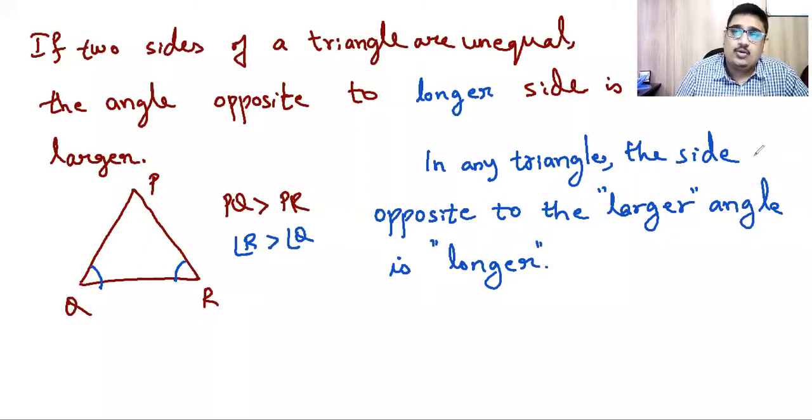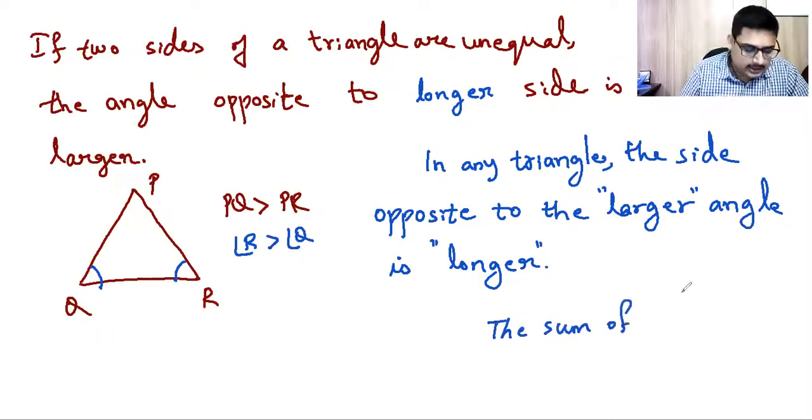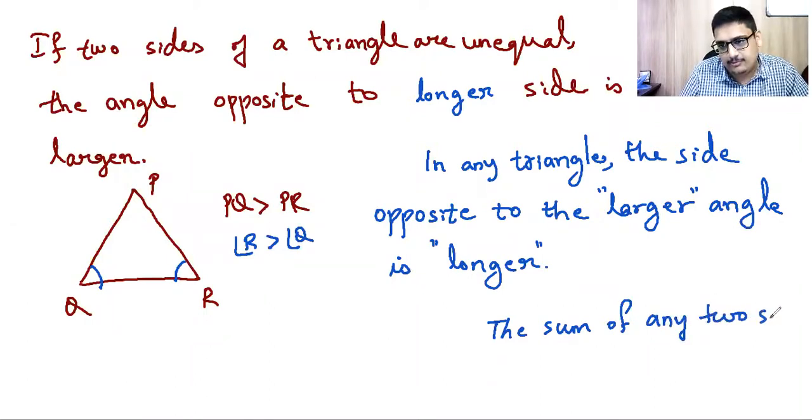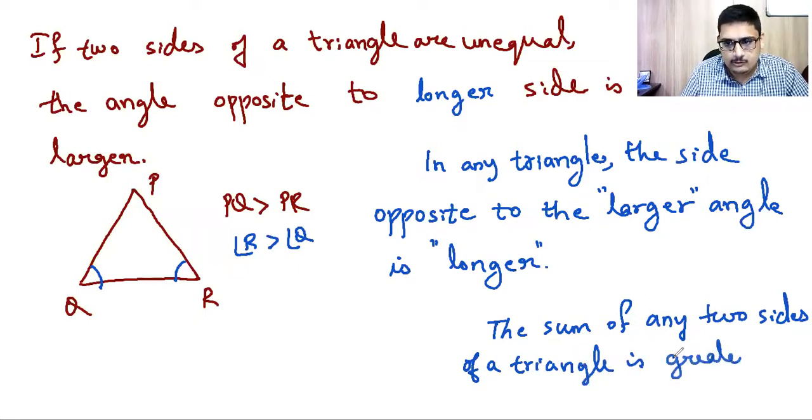One last property of this inequality is this, and I think it is obvious. The sum of any two sides of a triangle is greater than the third side.